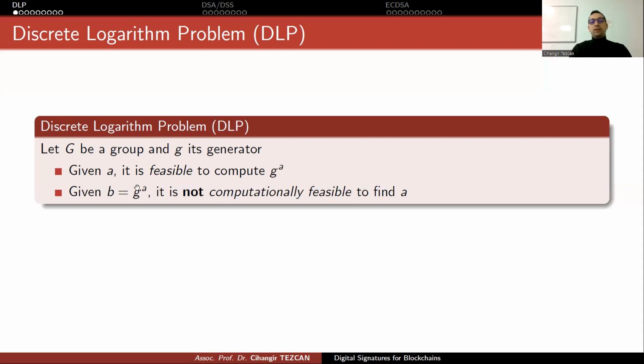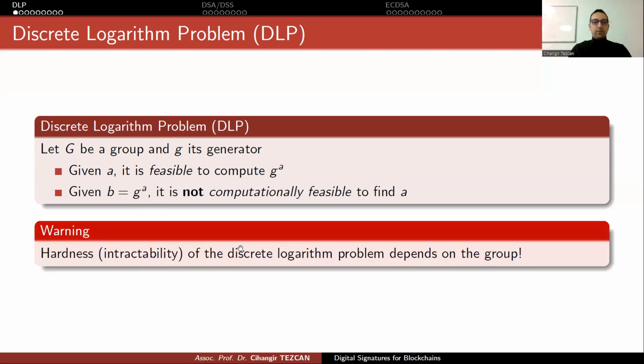Actually, if you take the logarithm of both sides, the logarithm of B to the base g gives you A. This is why we call it the logarithm problem, okay? We call it discrete because we will not work on real numbers or any continuous group. We will be working on discrete groups.